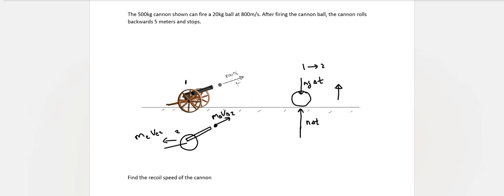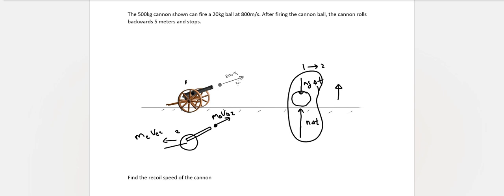You can see that if we look at the pictures. In picture 1, nothing's moving, so there is no momentum in the y direction. But in picture 2, there is a momentum in the y direction because the cannonball's momentum vector has a y component. That means the system had an increase in momentum in the y direction, and this is where it's coming from.